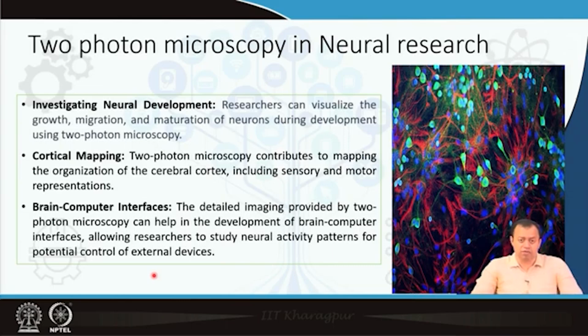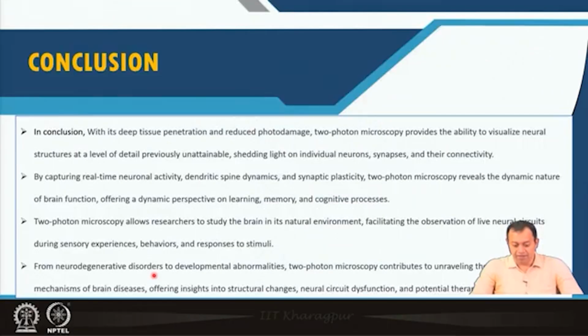You can start from a larval stage and see an animal move, grow, become old, and constantly map the brain at regular intervals, especially in zebrafish and other such animal models, and you can get a relatively fuller understanding, because we do not have a full understanding of the development of the brain.